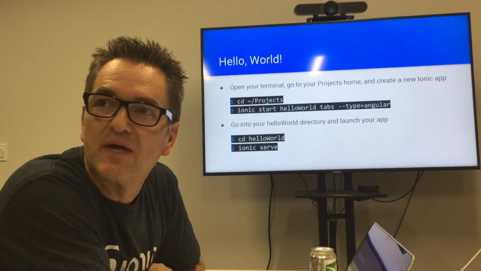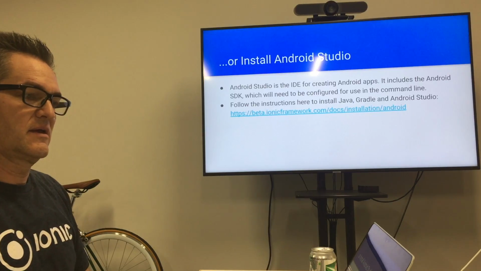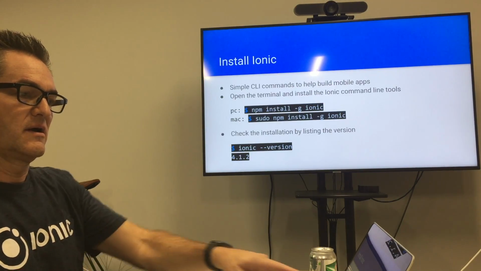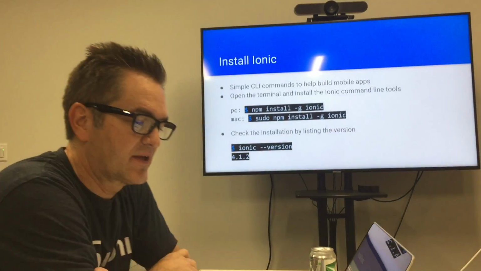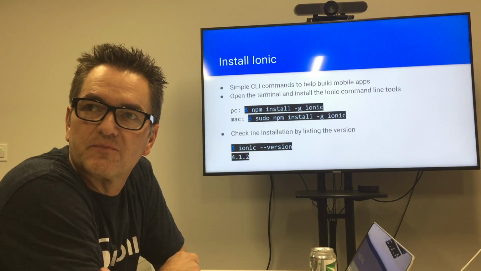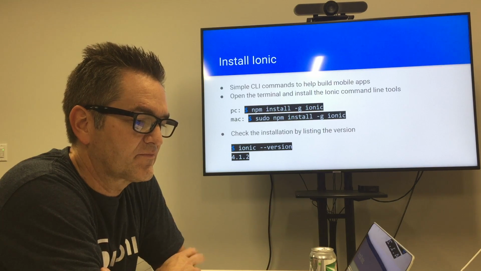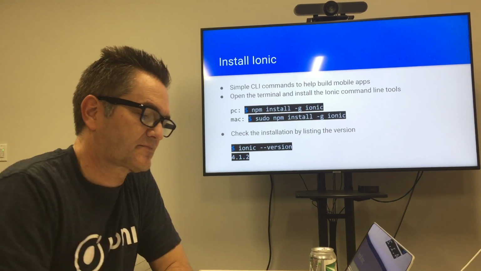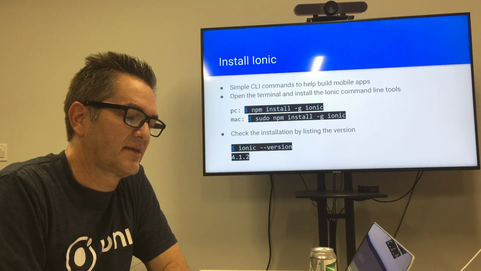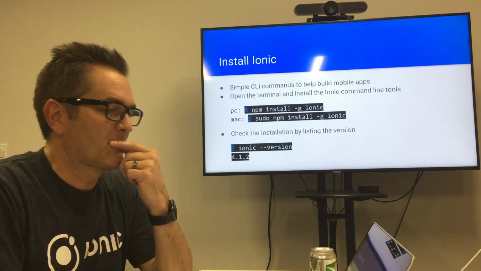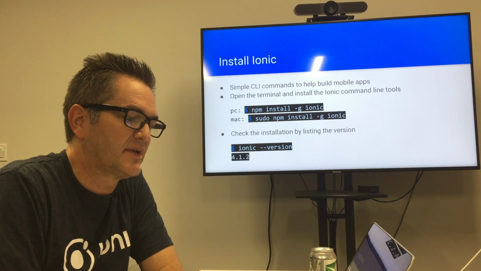Can you go to the previous page? I was trying to install Ionic and I think I took the command wrong. Okay. So npm install -g ionic. That'll take a few minutes to run.